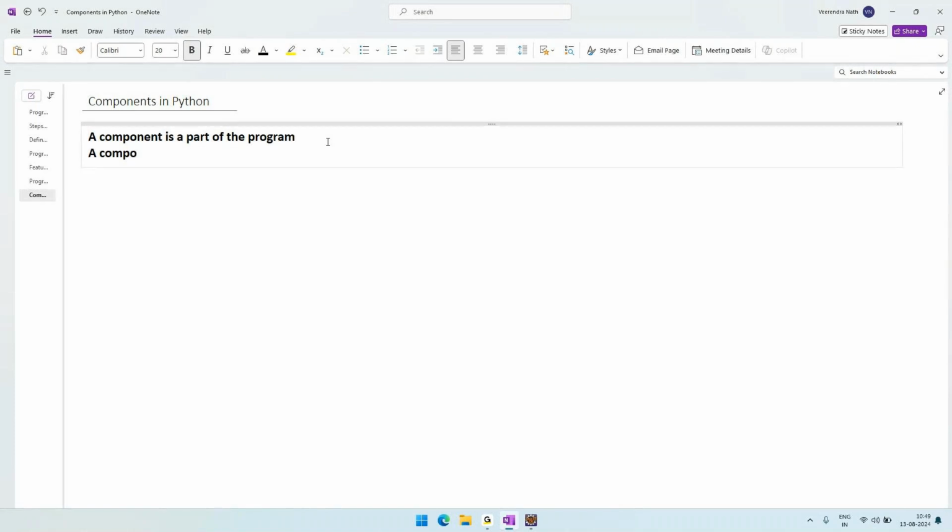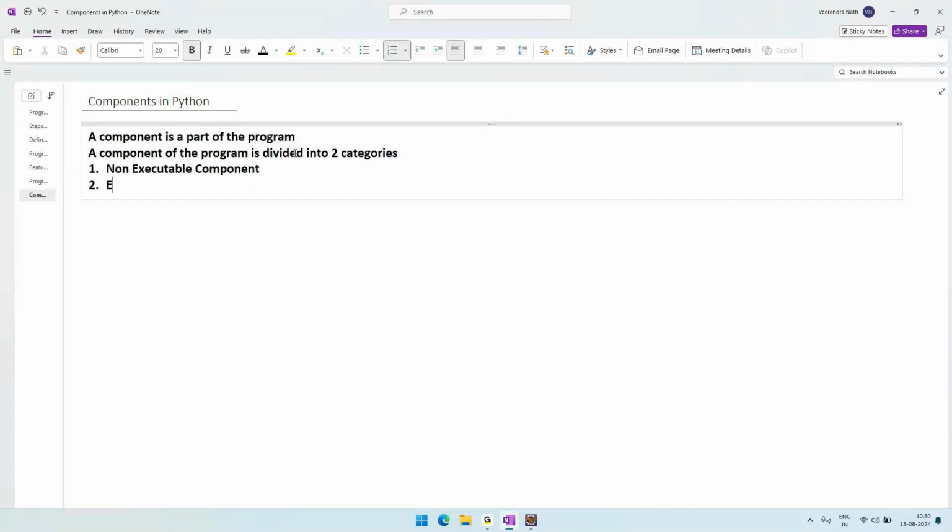A component of the program is divided into two categories. The first one is non-executable components.